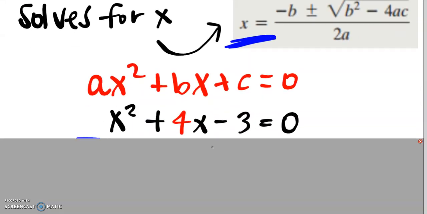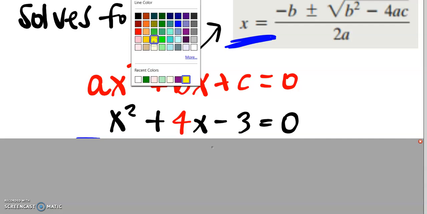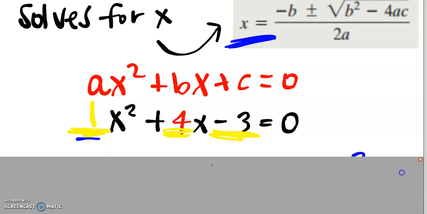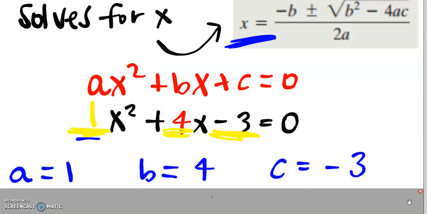Our a is whatever is in front of the x squared. It's actually a 1, there's a secret 1 there. My b is what's in front of the x, and my c is that last number. Notice that sign. So I like to write that out: a is 1, b is 4, and c is -3.